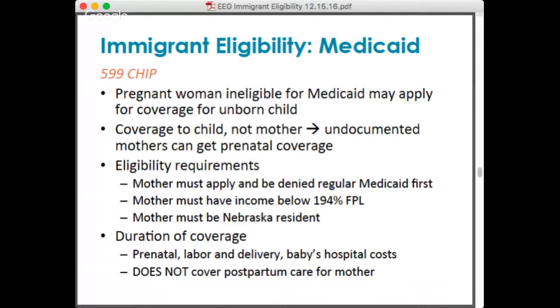After applying and being deemed eligible, the duration of coverage for 599 CHIP is prenatal care, labor and delivery, and the baby's hospital costs. At that point, the mother could apply for Medicaid or CHIP for her U.S. citizen baby, to continue receiving coverage.